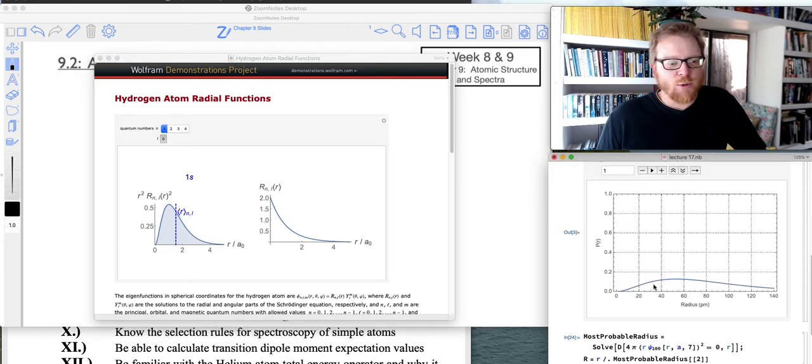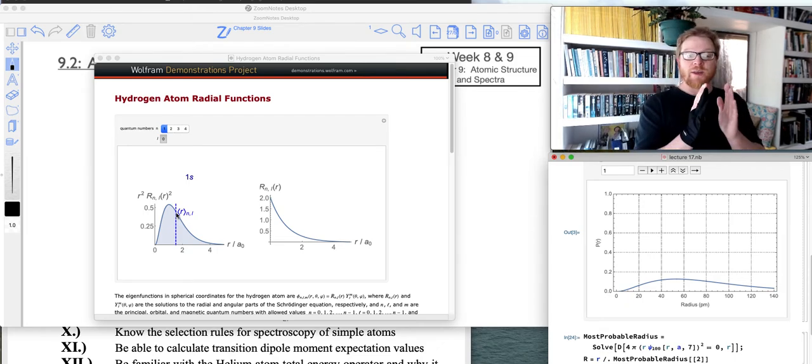When I made z equal to 1 for 1s, that's the same function. Okay, this blue line here, if you remember our nomenclature, that gives us the expectation value, which for hydrogen 1s is about 72 or so picometers. So even though the most probable value is at the peak, the expectation value is right there.